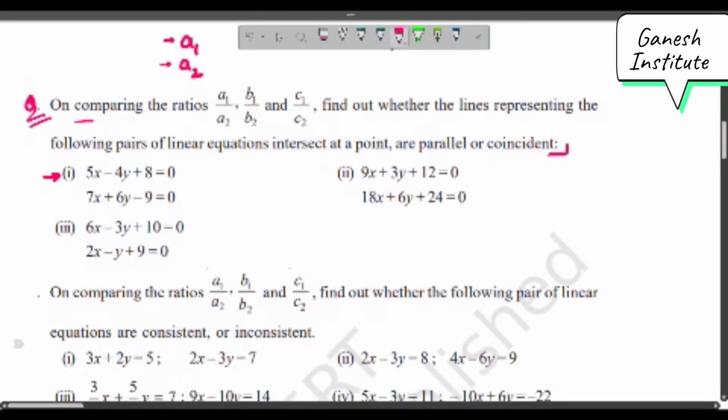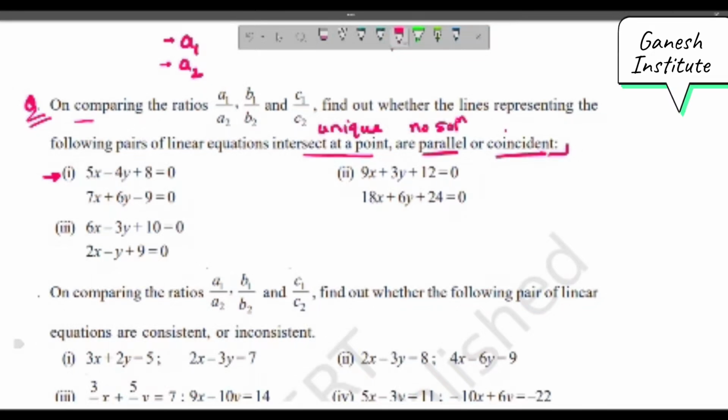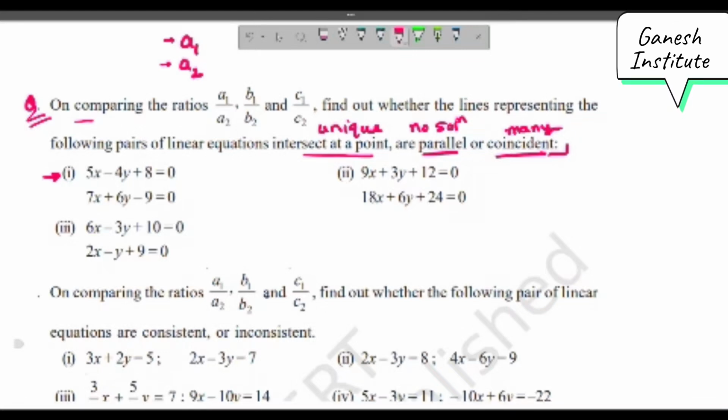Find out whether the lines representing the following pairs of linear equations intersect at a point, are parallel or coincident. So intersect at a point means there is a unique answer. Parallel means there is no answer, and coincident means that they are on top of each other. Yes, many solutions.